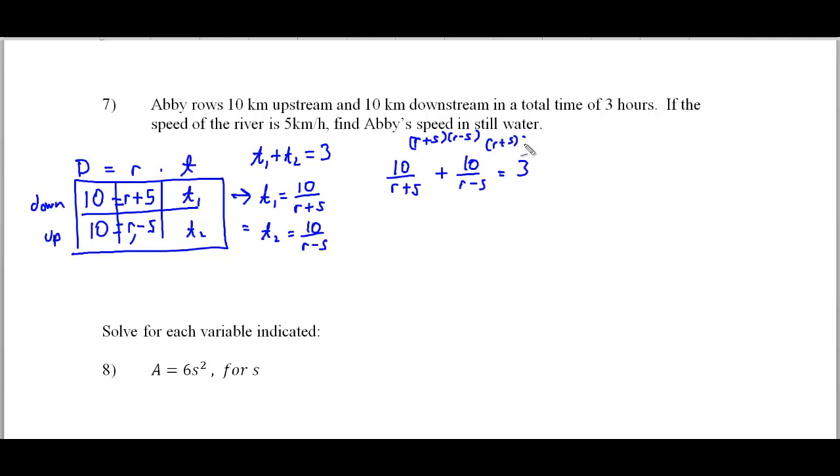If I multiply by R plus 5, R minus 5, that really is R squared minus 25, because it's a difference of squares. These simplify. This leaves me with 10R minus 50. These simplify, which leaves me with 10R plus 50. And then this is 3R squared minus 75.